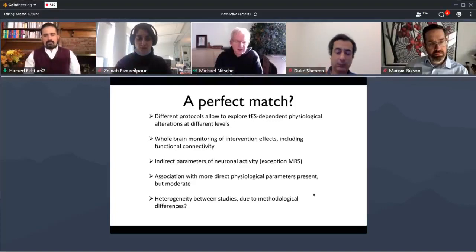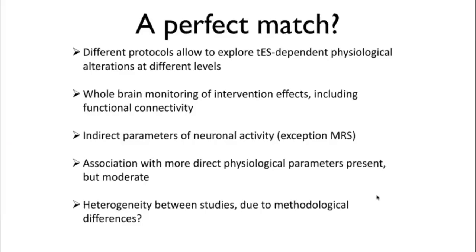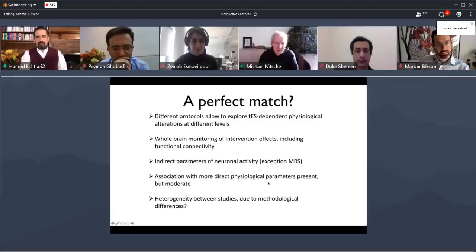Associations with more direct physiological parameters such as MEPs are present, but they are moderate. And we have some heterogeneities, of course, between studies. One reason might be methodological differences. And here, of course, a consensus paper will be of great value to interpret studies and also differences between studies. Last slide, please.